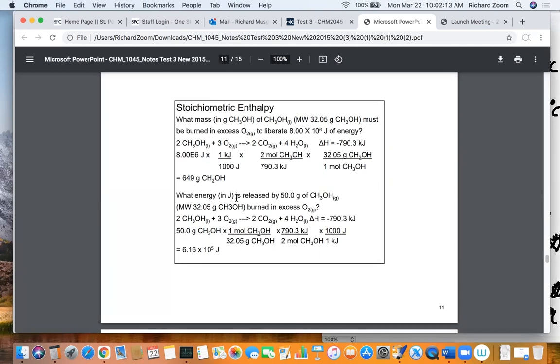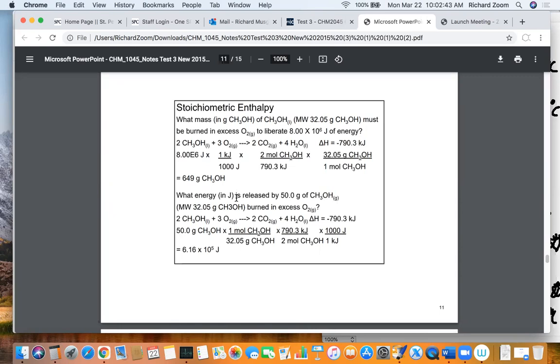What that tells you is that chemical reaction with that specific stoichiometry, so the stoichiometry relating to the coefficients, whatever's in front of each of those things there, the 2, the 3, the 2, and the 4, those coefficients, the numbers out the front of each of those compounds. And for that specific reaction, we have a delta H of negative 790.3 kilojoules.